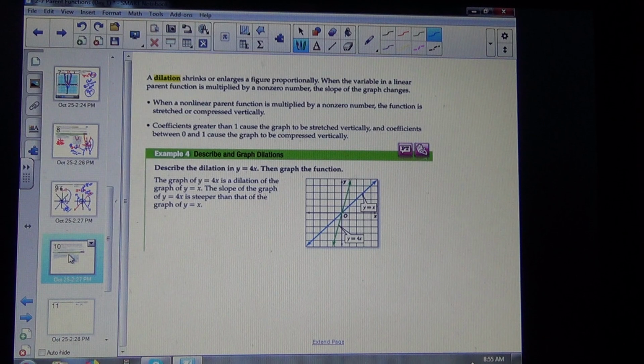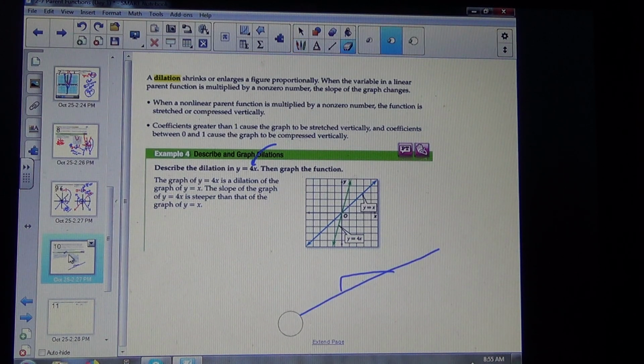They also talked about if my coefficient, or the number in front of my x, is bigger than 1, it's going to get steeper or bigger. If it's less than 1, like a half, then my slope is like up 1/2, or whatever fraction it is, and it gets less steep compared to the parent graph. Okay, so on this equation it says describe the dilation and then graph the function.